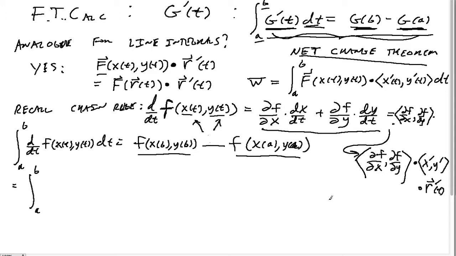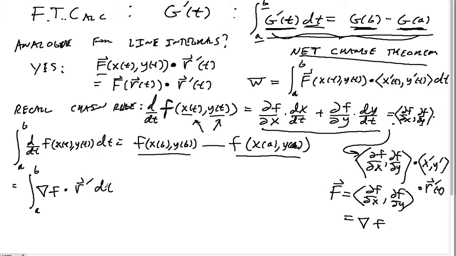So if the vector function is the partial of little f with respect to x and the partial of little f with respect to y for some f, then that of course is the gradient of this function. So that's equal to the gradient of f dotted with r prime dt. We can rewrite this again, that if we have some pathway, it's the gradient of f dot dr.